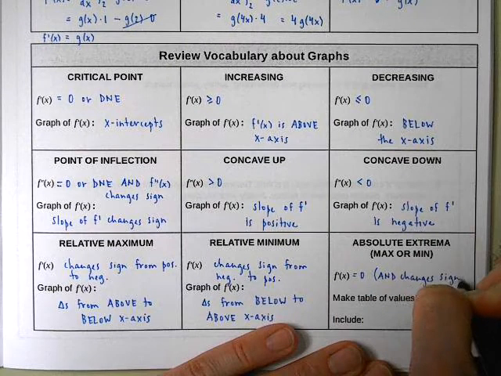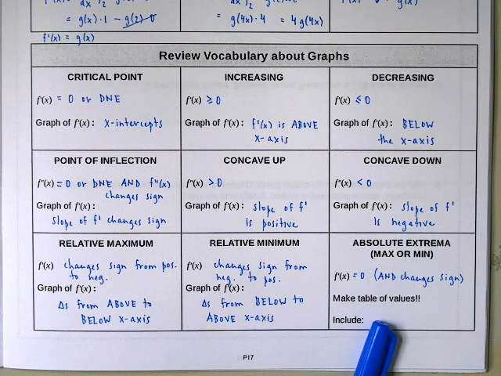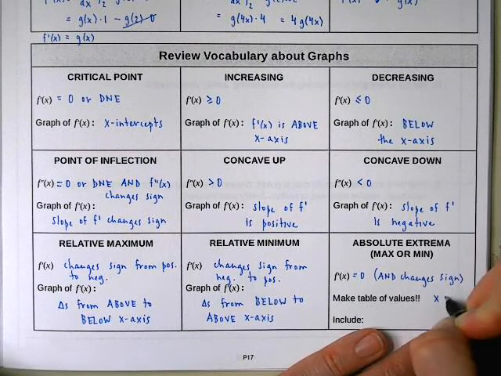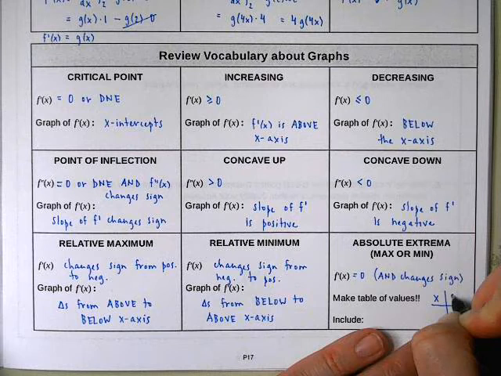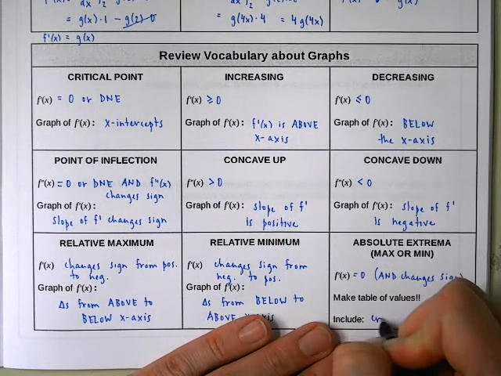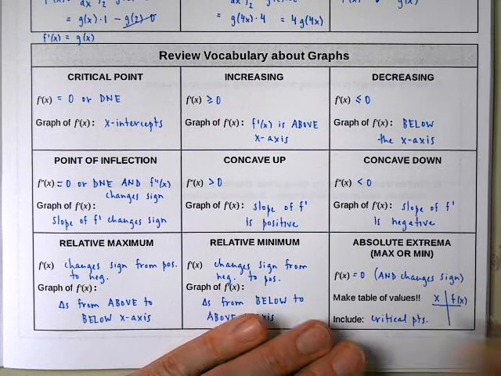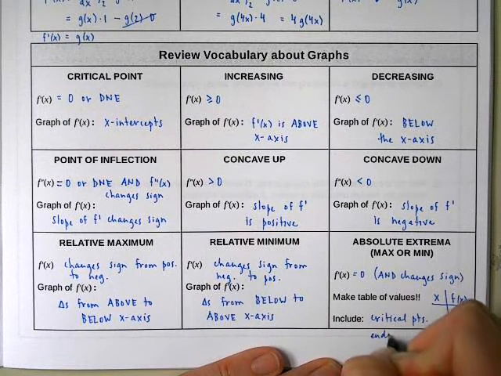And this was where, if you remember back when we were doing absolute extrema, probably in Unit 5, we made a table of values. So we actually would make a table for our x values and our function values and compare. And remember, in our table, we included our critical points and the endpoints.